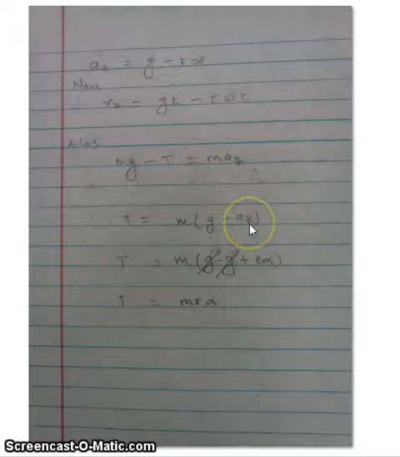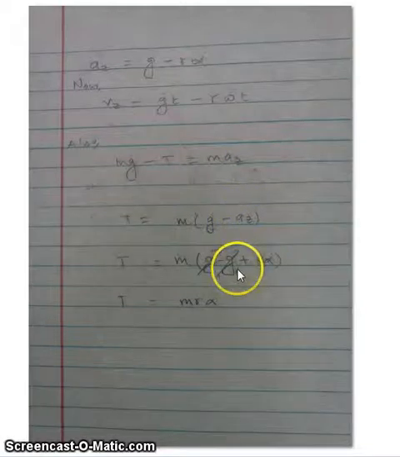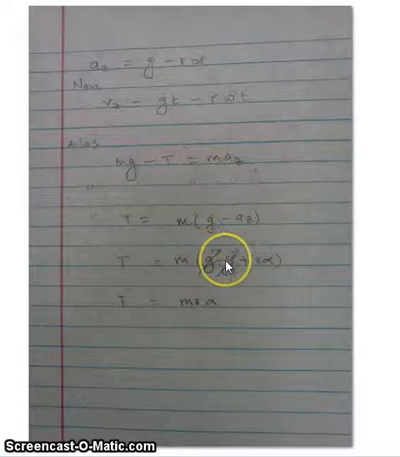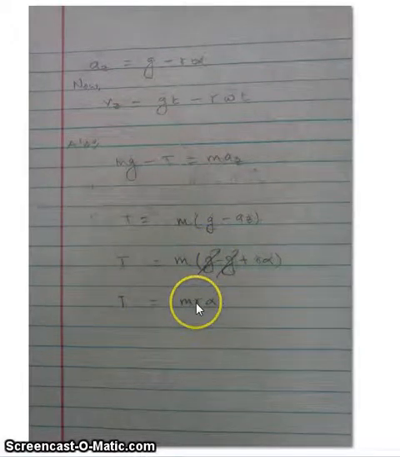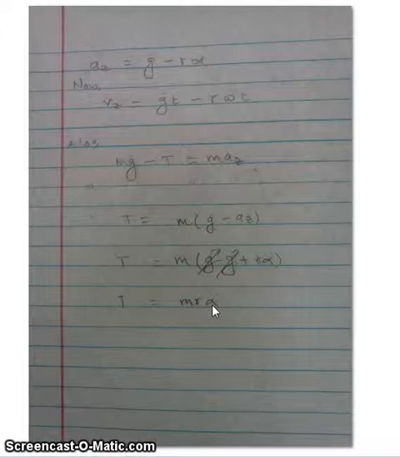So in place of a_z, I'll be using g minus r alpha, and then this g cancels away, and then the tension is going to be the mass times the radius of the cylinder times the angular acceleration of the cylinder. So that's it.